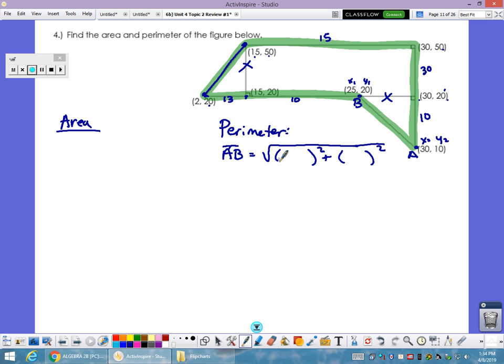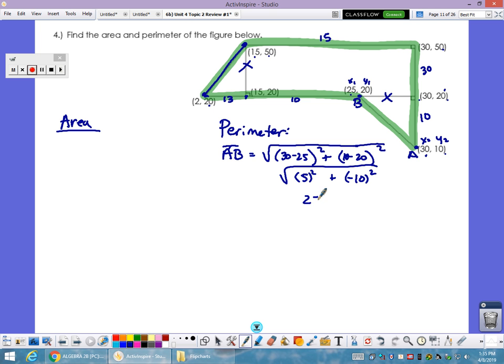Okay, so we are going to do x2 minus x1, so I'm going to say 30 minus 25. The difference in those, and then the difference in your y's, 10 minus 20 is -10. But the negative doesn't really matter because we're going to square it. Here we get 5 squared.